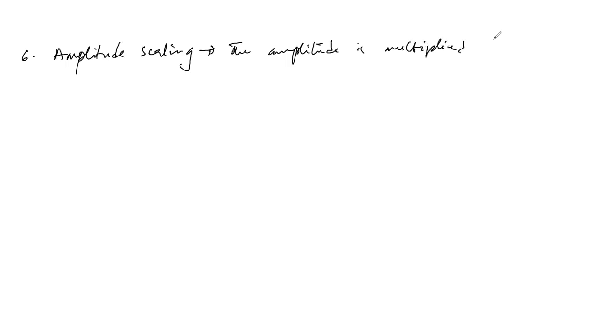Let's look at amplitude scaling. Now, in amplitude scaling, the amplitude is multiplied by some parameter beta to achieve one of two things.